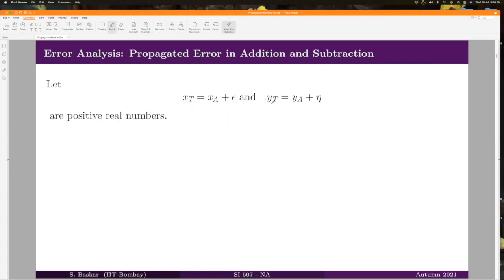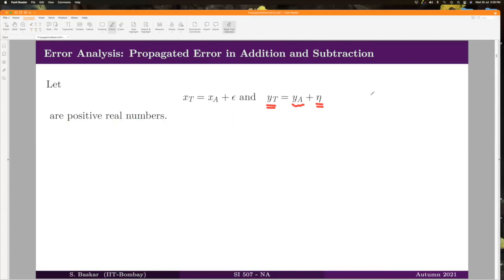Similarly, we take another value yt, which is the true value that we would like to use in our computation, but instead our computer takes an approximate value, denoted by ya, and the difference between them, that is the error, is denoted by eta. For definiteness, let us assume that xt, yt, xa and ya are all positive real numbers.